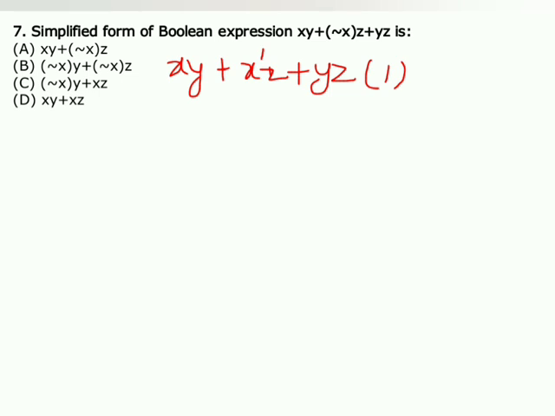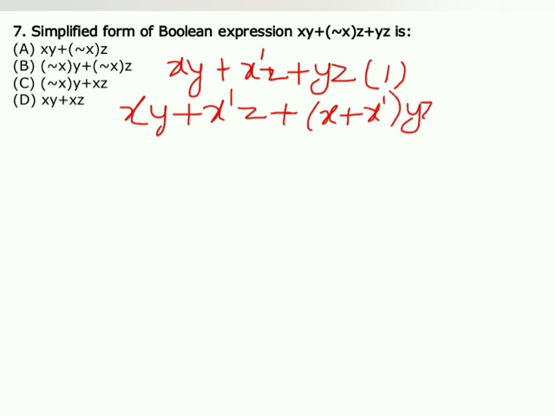So now we will solve this given expression xy plus x dash z plus, we can write the 1 as x plus x dash into yz. So if we open this parenthesis here, xy plus x dash z plus xyz plus x dash yz.